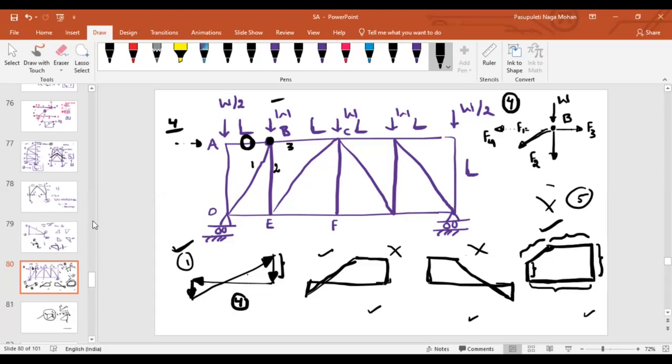This one, or this one? We cannot. Why? Because I can eliminate this option, but the answer must be this one or this one. Unless you solve the forces at this joint, we cannot find out which one is the correct option. But luckily in this case, as the member force AB is 0, we can directly pick the answer.